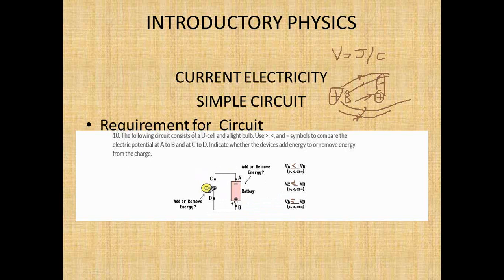So this light bulb is going to take energy. Remember, your battery is just going to supply energy. That's what it does. Some of the energy is going to be taken out here. But between B and D, there is no element. You're going to lose a little bit of energy, probably as heat or something like that. Okay? All right.